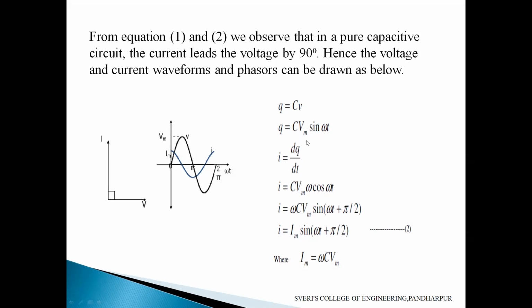In place of Q, write C Vm sin omega t, and after writing that, write the next step. After here, you write down over.